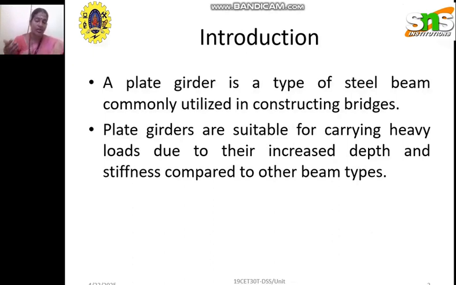When trains are moving on the railway track, there may be moving loads and also live loads. Due to this, there may be chances of failure if you provide normal beams. In those places, we provide plate girders.